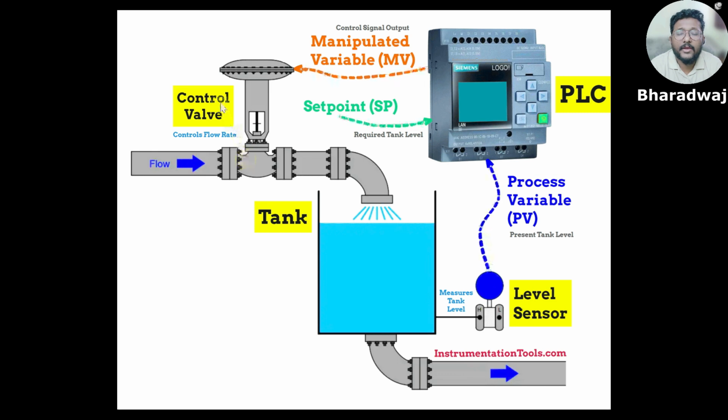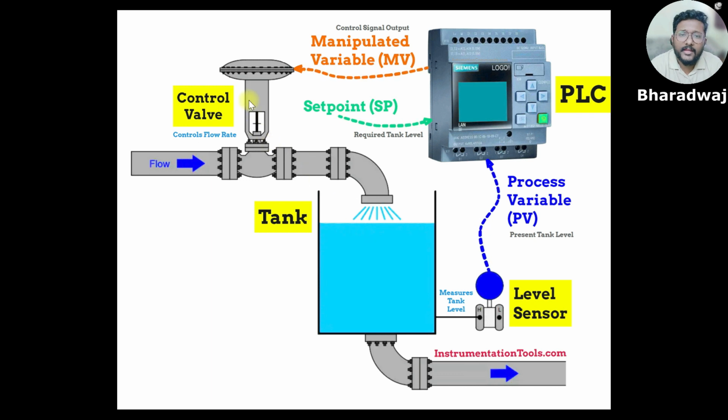When my control valve is opening, the water will flow through the control valve and reach the tank. If my control valve is 100% open, that means whatever the flow rate available here will reach the tank. 100% flow will be there.